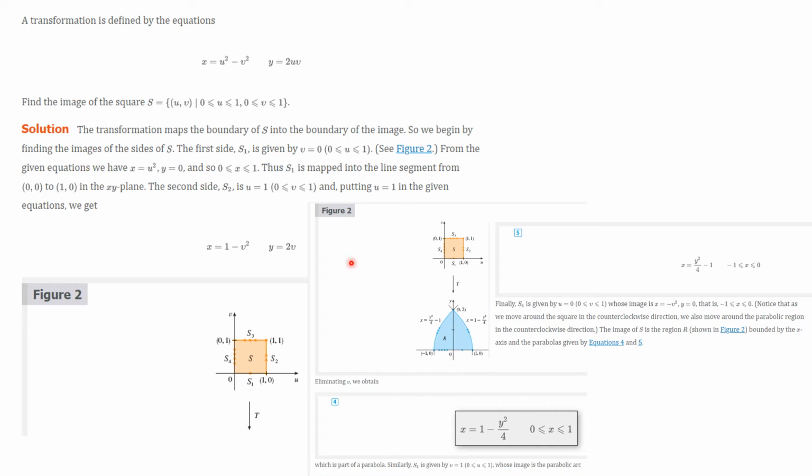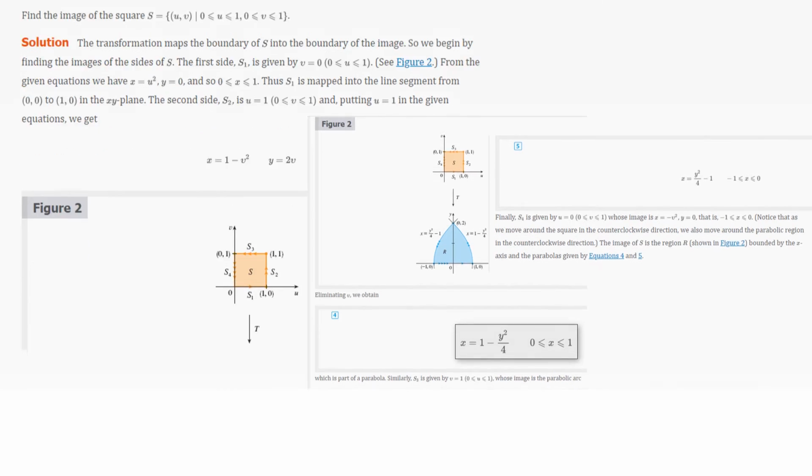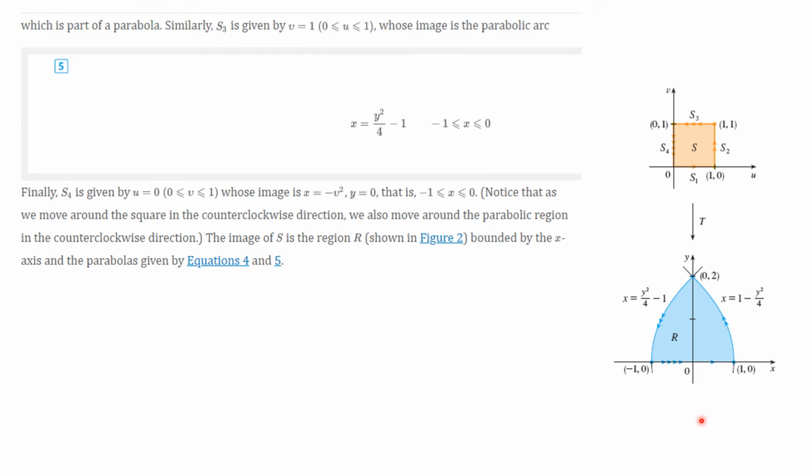So what we end up having is this square is mapped into this parabolic region. And again, here's another picture of it. This square is mapped to this parabolic region. And so here was 1, 2, 3, and 4.